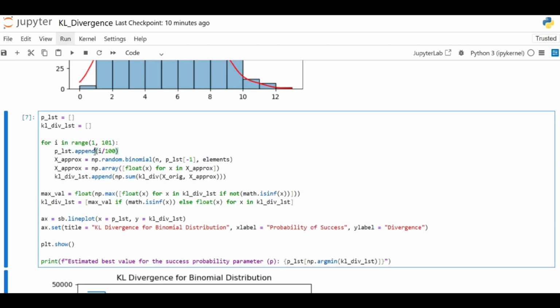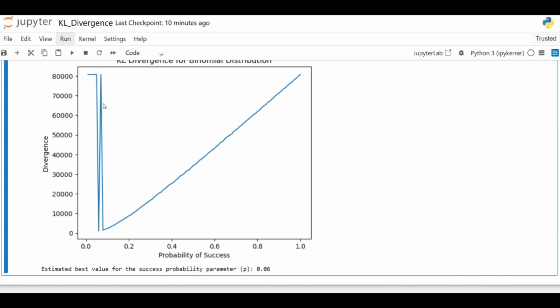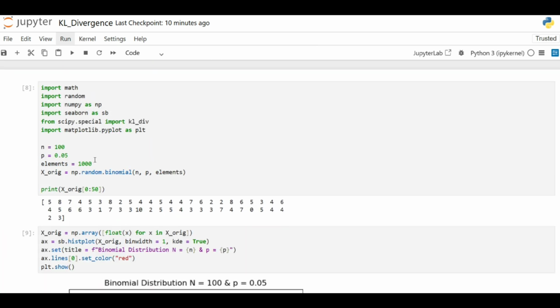If I rerun the code, it creates a different kind of KL divergence curve, but what it has estimated this time, again very close, is 0.06, and what we are using is 0.05 over here.